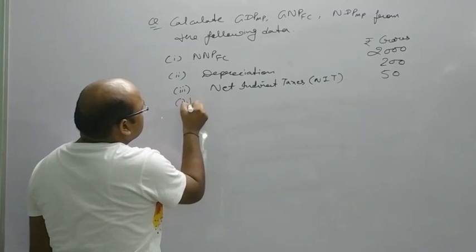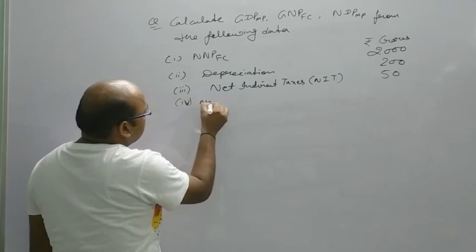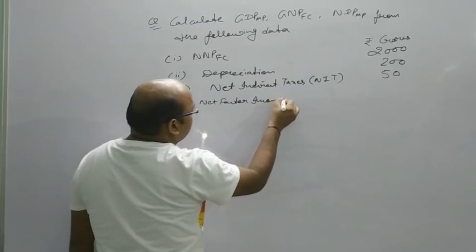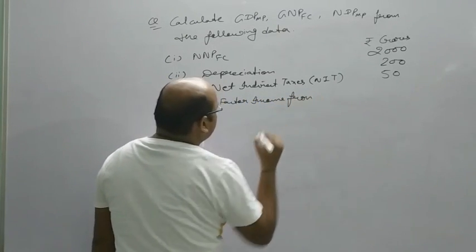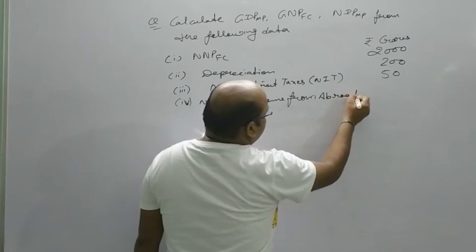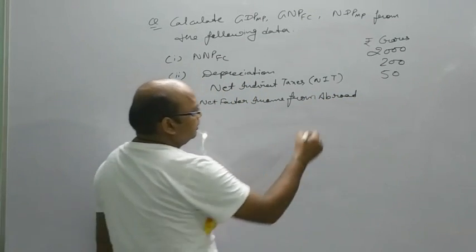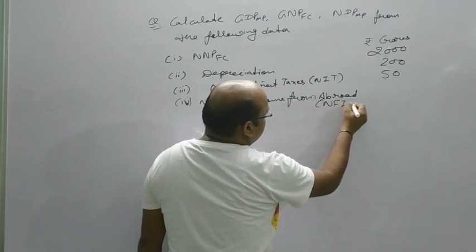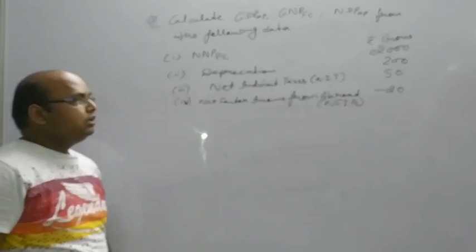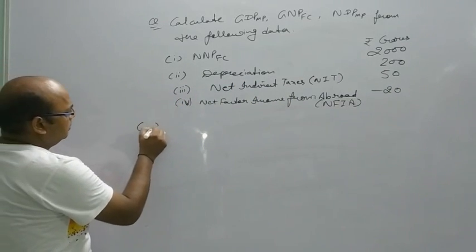Last, fourth, is NFIA, net factor income from abroad, where abroad can be written as rest of the world. This is minus 20.